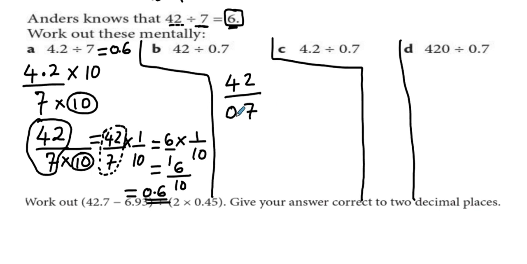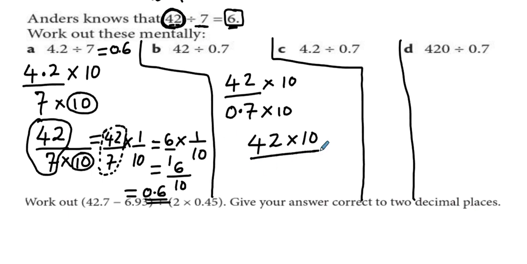Then you remove a decimal point by multiplying by 10, because there is one decimal place, and you multiply 10 in the denominator. Now, 42 times 10 is 420, but we don't write 420, we just write 42 times 10, because we don't want to lose 42 here. Over 0.7 times 10 is 7.